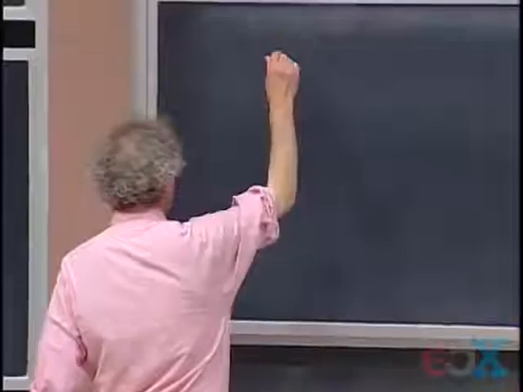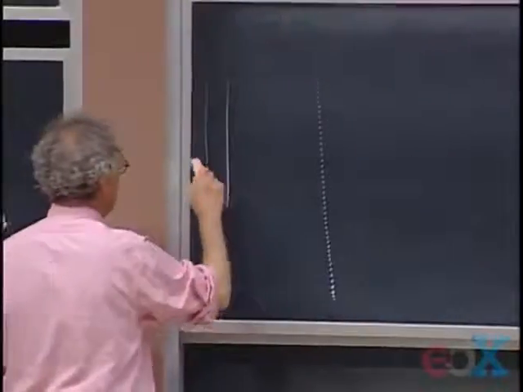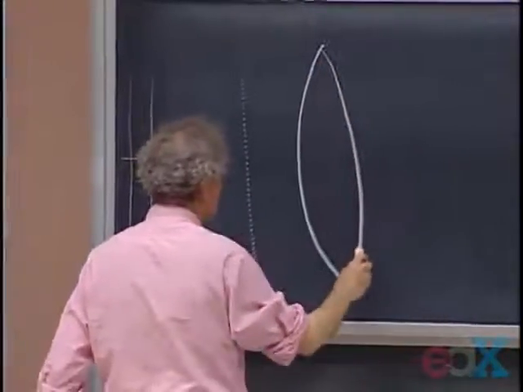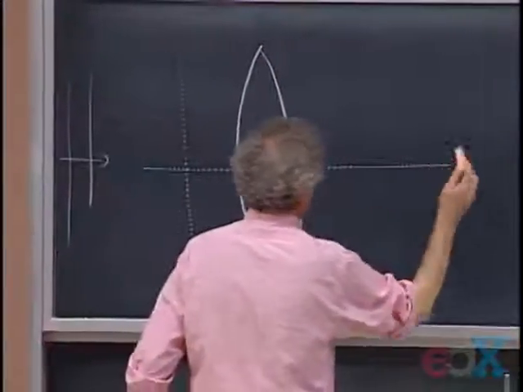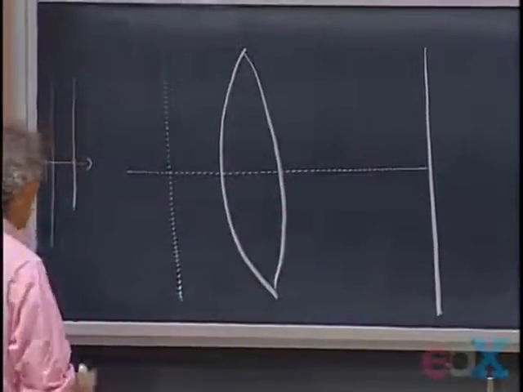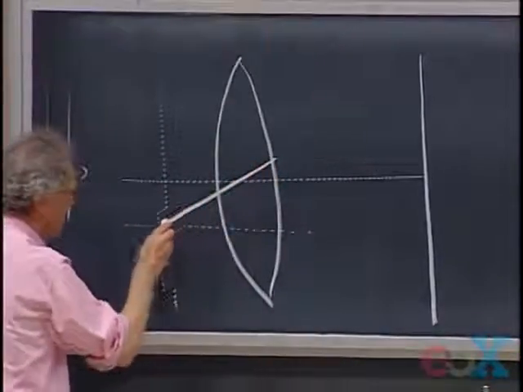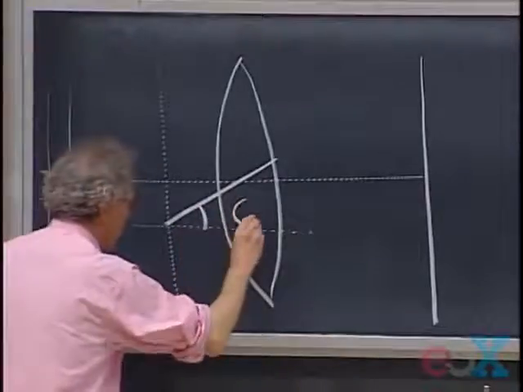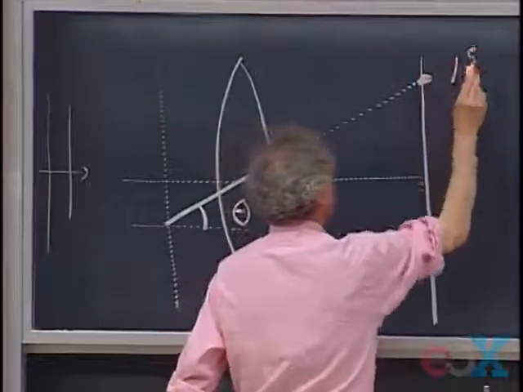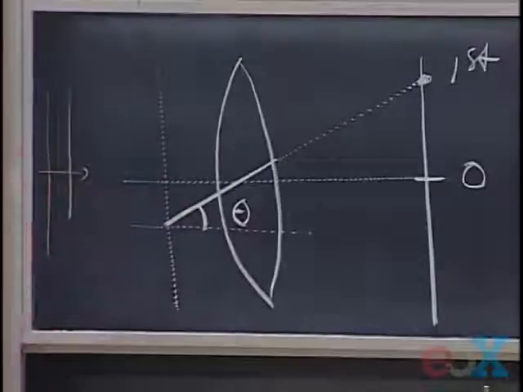If this is a grating, this is the number of sources that I have, and so the light comes in this direction, and if I put here a lens, and this is the screen, the focal point of the lens, then if the angle theta for which I would have expected in this direction my first order maximum, and here of course my 0 order maximum, then the lens will not change that angle.